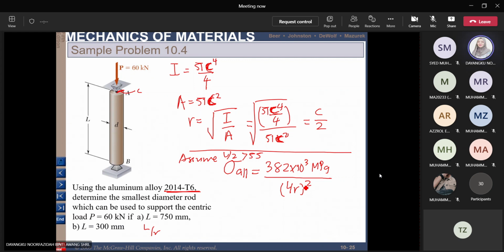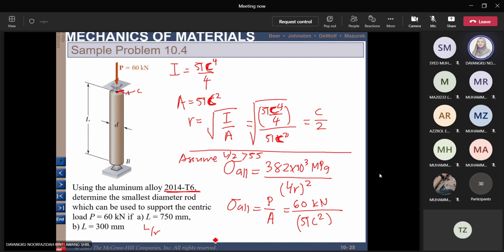And we can get the value of our allowable stresses in which our sigma allowable is equal to P divided by A. So P is given here, 60 kilonewton, divided by the area. So area is pi C square. Okay, so we can get this value here, and this value here is equal to this part here. So L over R square.